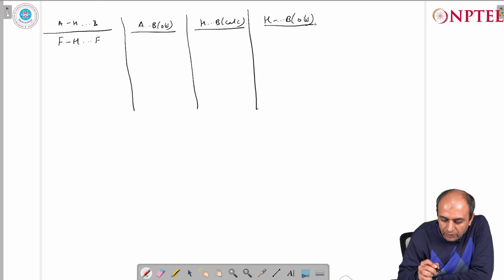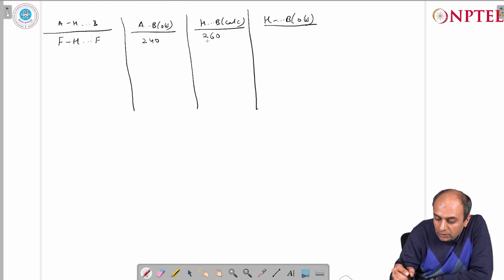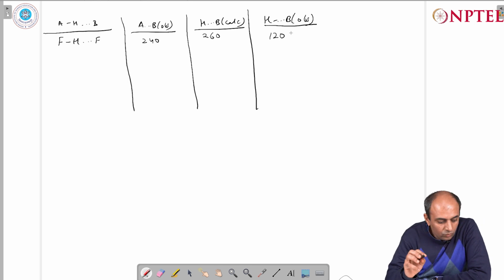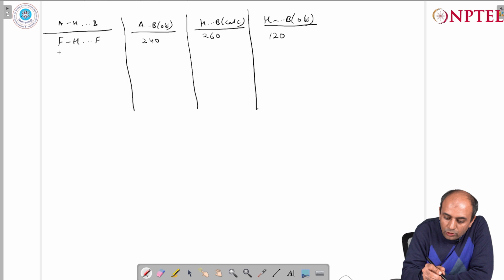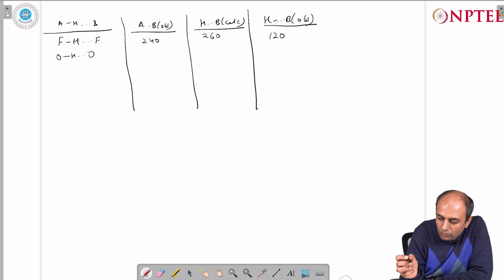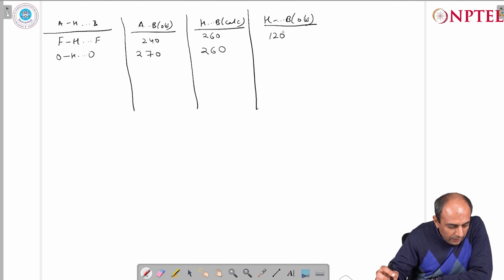So for example, in the case of FHF, this is around 240 picometer, this becomes 260, the hydrogen fluorine distance is 260, and this is around 120. When we go to OHO, this is 270, this is 260, and this is around 170 picometer.